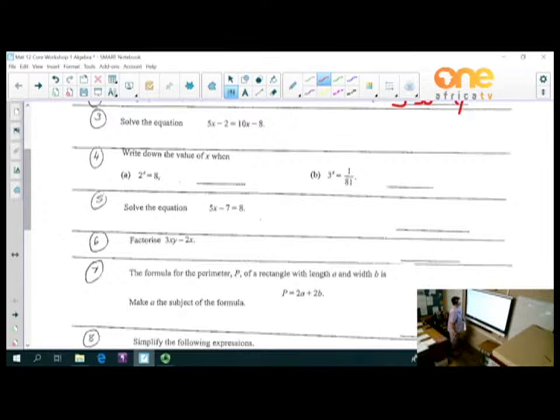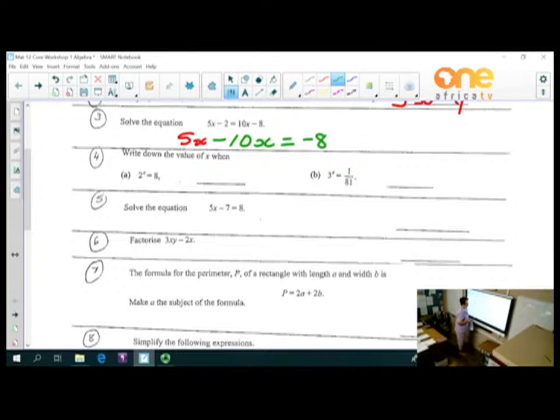Solve the equation. Now, to do an equation, we want x on the one side and the values on the other side. And the one golden rule is the moment when you take a number over the equal sign, you change the sign. That is why it is now negative 10x. The negative 8 stays there.